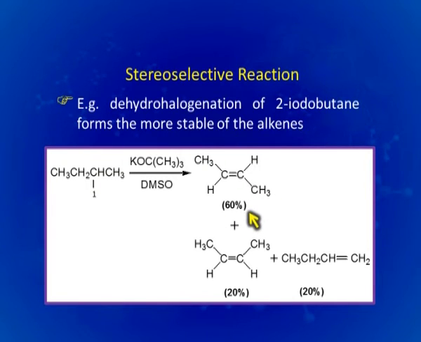The cis isomer is formed in only 20% of the amount, whereas the one which is unsubstituted is also obtained in small amounts. So, this reaction is called stereoselective because we are starting with this particular reactant and it has the ability to form more than one isomer, but preferentially the most stable gets formed in the maximum amounts.